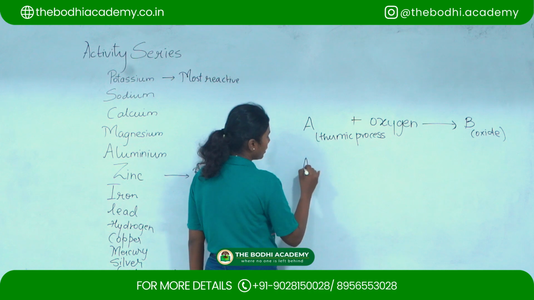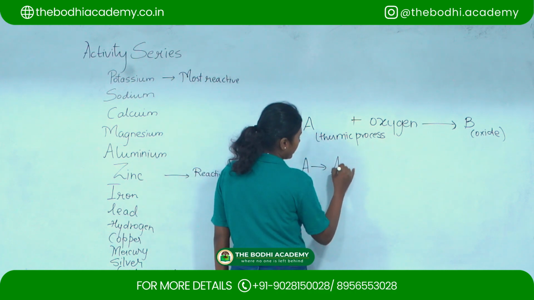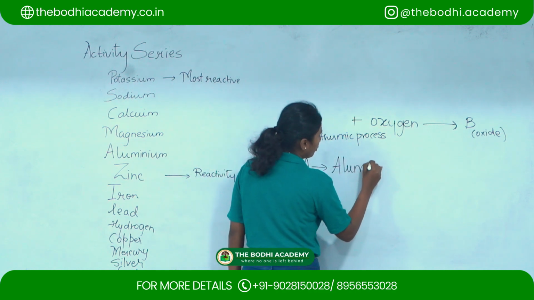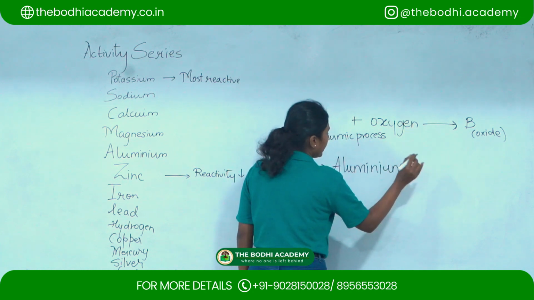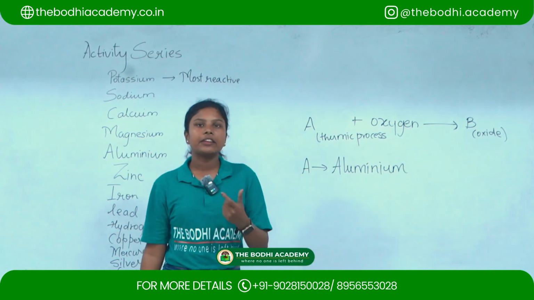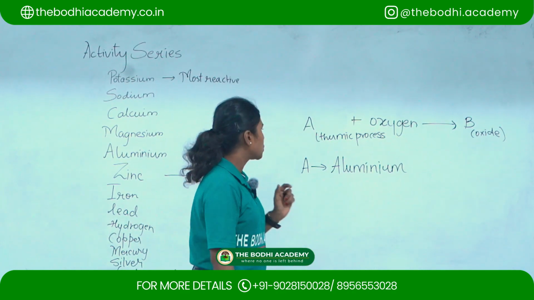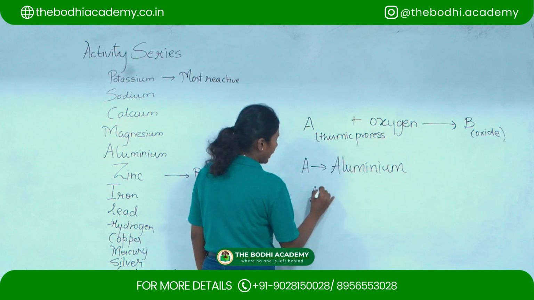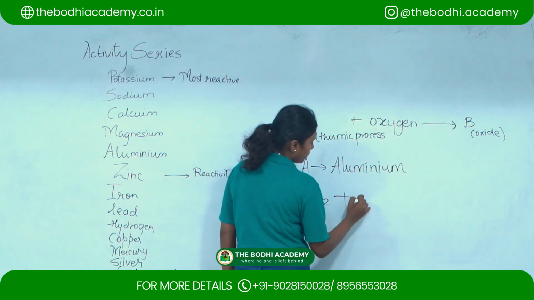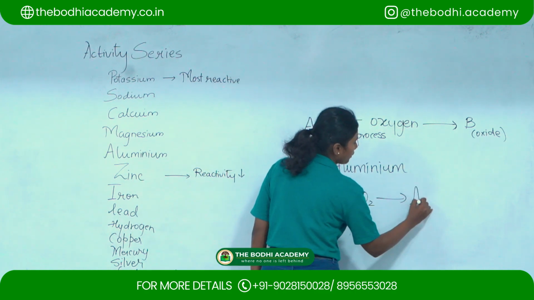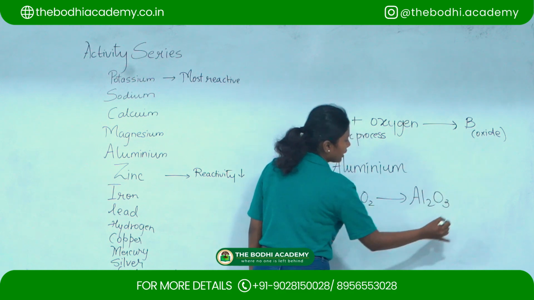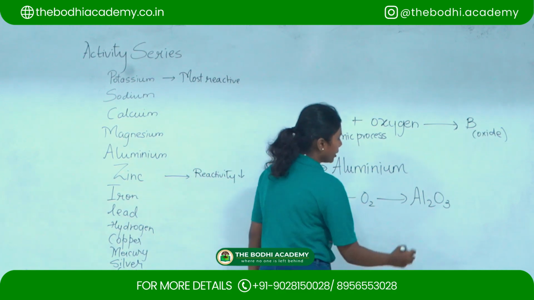So over here, metal A is aluminium. Any metal, when it reacts with oxygen, forms some kind of oxide. So Al, if reacted with oxygen, gives us Al2O3, which is aluminium oxide.